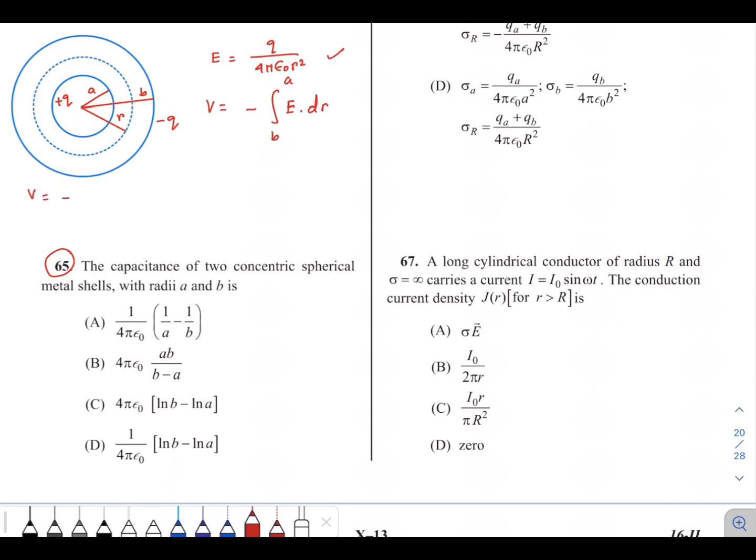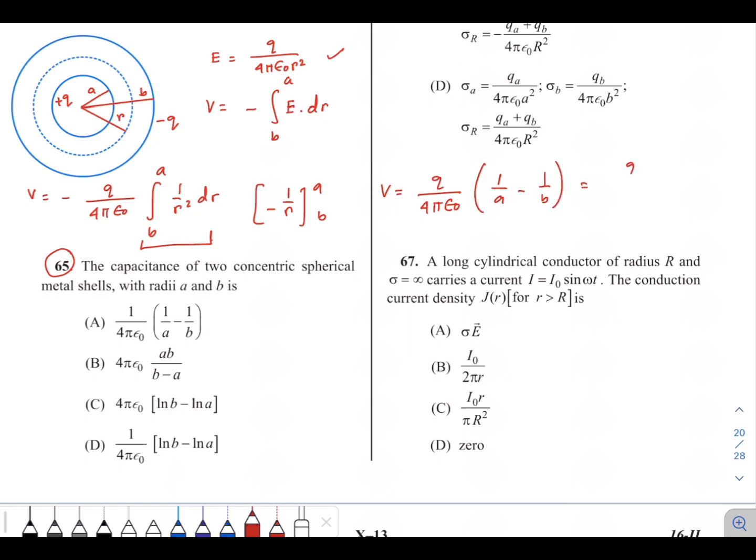Thus V is equal to minus q by 4 pi epsilon 0 integral from b to a of 1 by r squared dr, and the integral is minus 1 by r from a to b. Thus V is equal to q by 4 pi epsilon naught times (1 by a minus 1 by b), which simplifies to q by 4 pi epsilon naught times (b minus a) divided by ab.